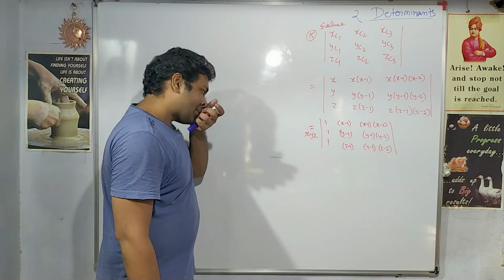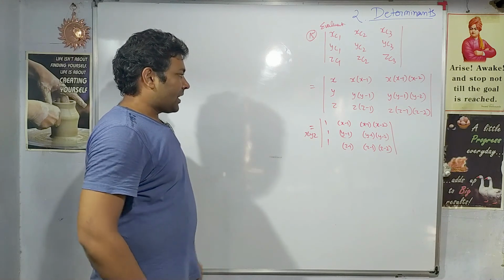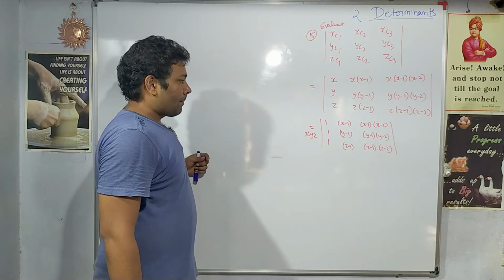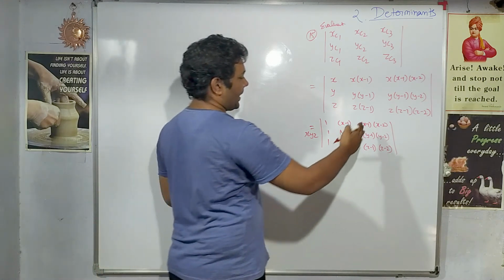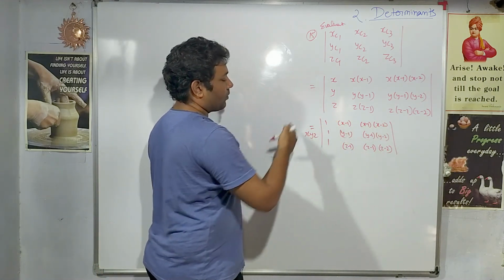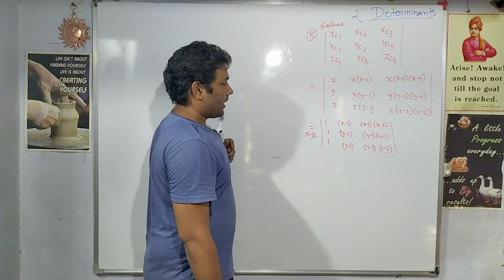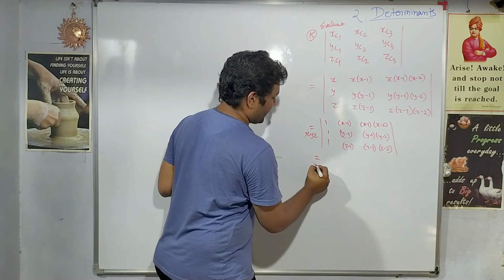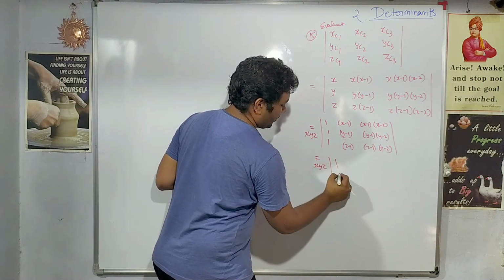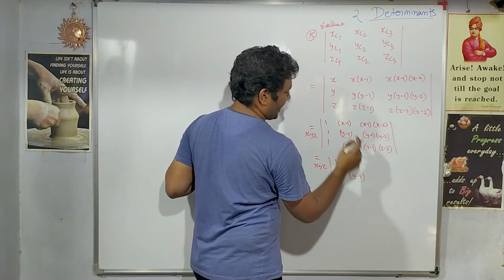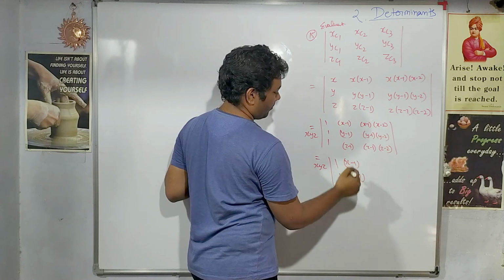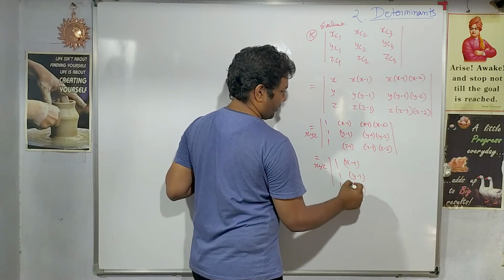Now what can you do? You can open up the brackets or you can carry out the simplification, right? First I will open up the bracket so that I can have a better idea about what operations to do, because I cannot take anything common now. I don't have any option.